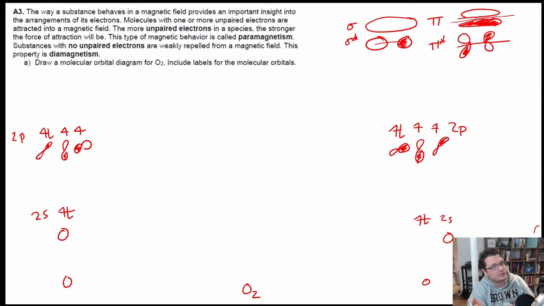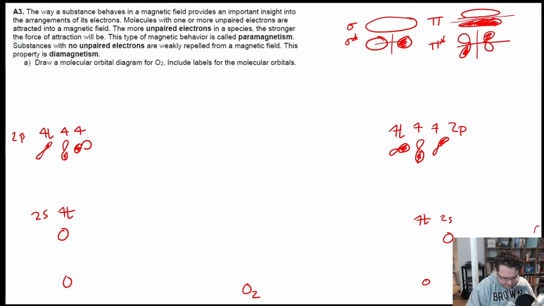P orbitals have an angular node right there, and that gets carried over into the pi bond. So along the bonding axis you still have that node, but you also now have a node that is perpendicular. It cuts the MO through the bonding vector distance right there.